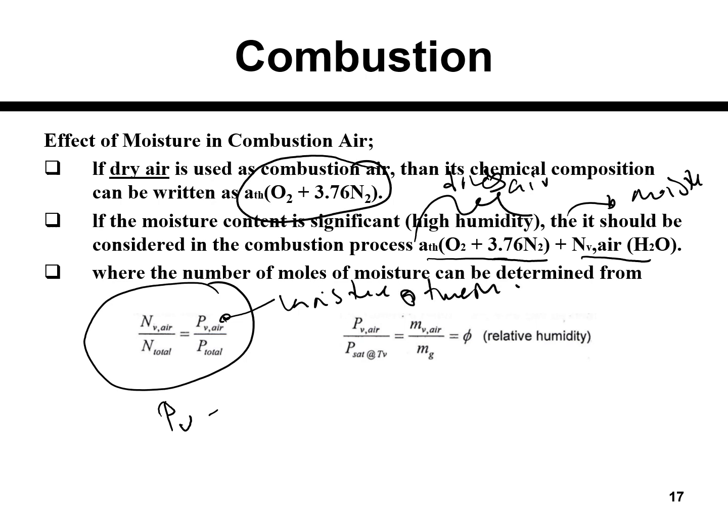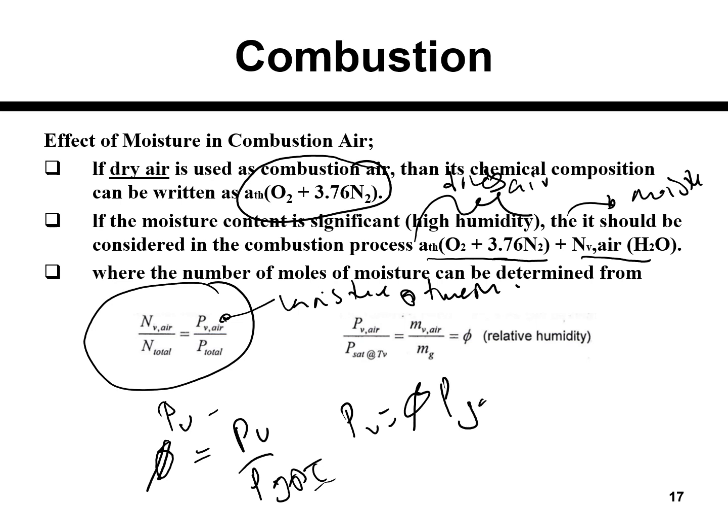You can connect it with the relative humidity, phi, which is Pv over Pg at temperature, so Pv is equal to phi times Pg at temperature. Okay, then you can calculate the number of moles or mole ratio for those conditions.